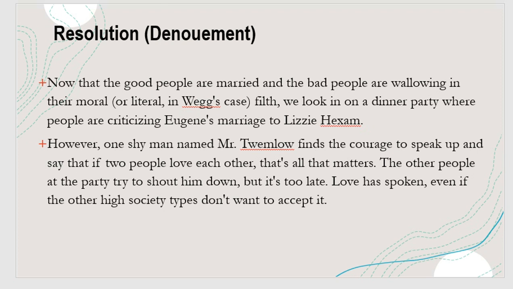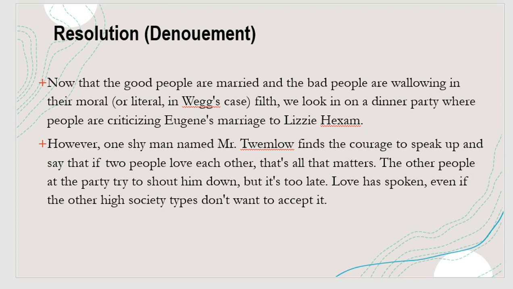And that's what we need to let you recognize for the plot. Usually, if we have any kind of question, the question could be to write about the plot, or write an essay about the plot in Our Mutual Friend.